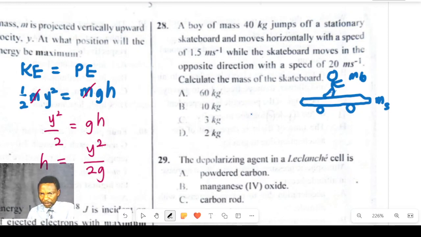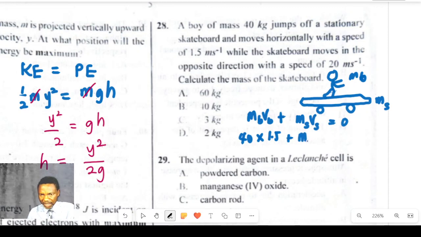The momentum of the boy, mb vb, plus ms vs will be equal to 0. So you have 40 times 1.5, plus, because the skateboard is moving in the opposite direction, ms multiplied by minus 20, is equal to 0.